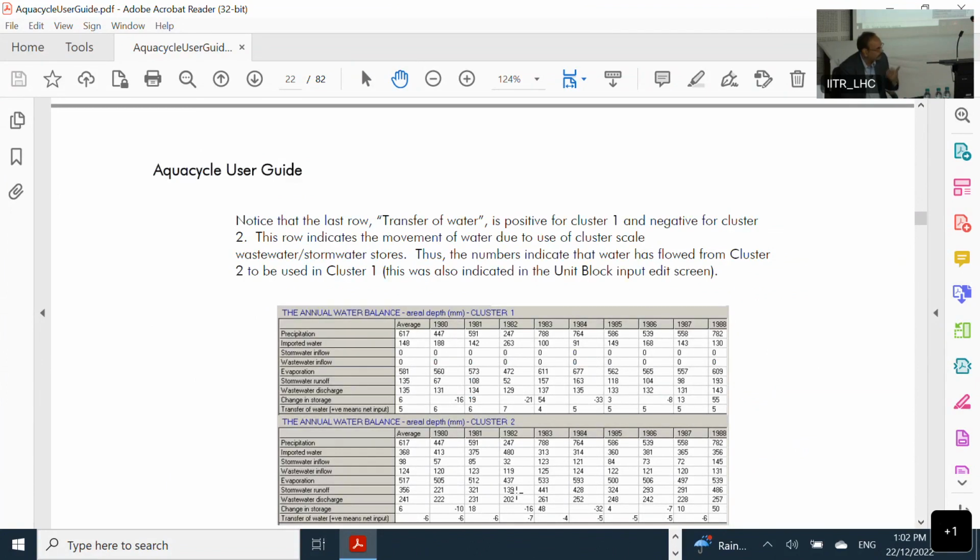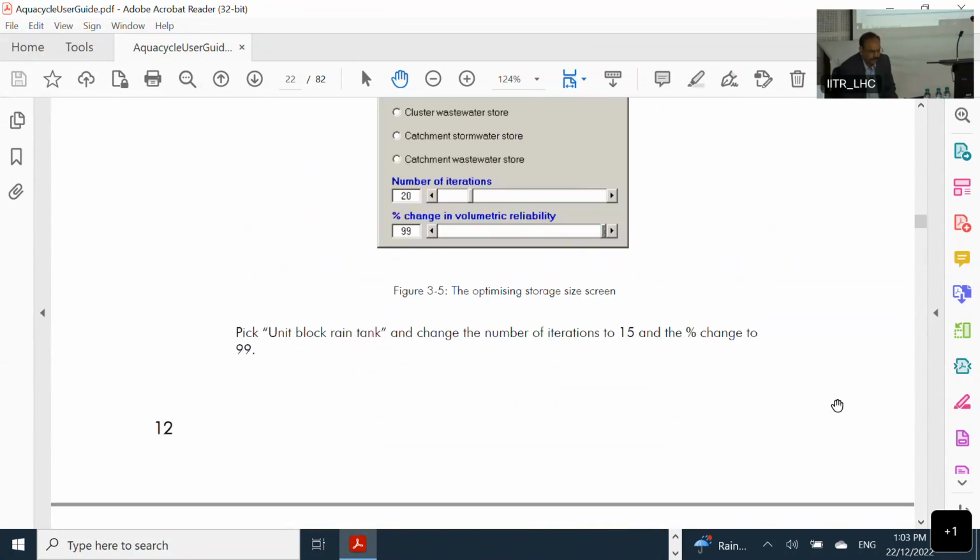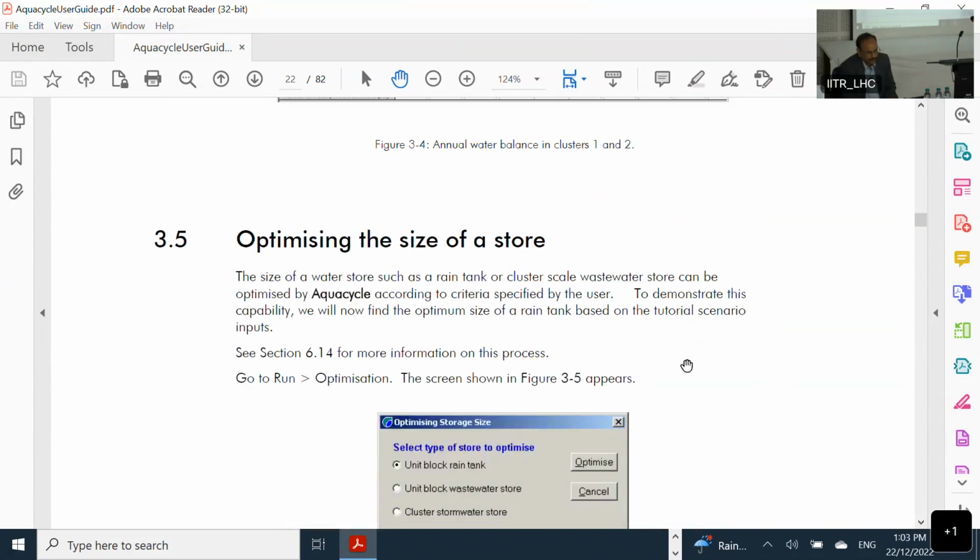All that information you can get from this software. And you can optimize your storages, which can be the rainwater storage, the stormwater storage if you're using it, or the wastewater system if you're using it. So that can also give you the storage sizes. For each and every cluster, that information will be available.